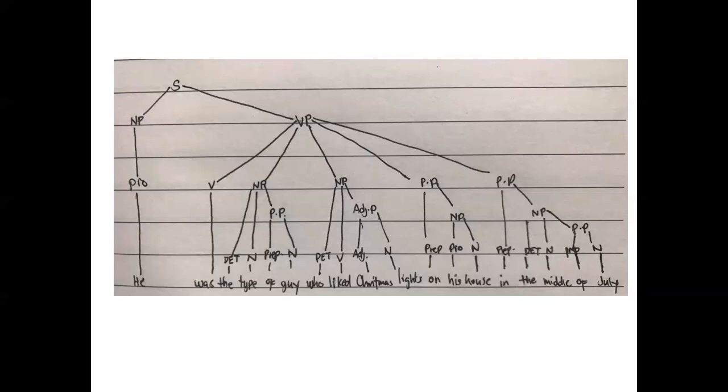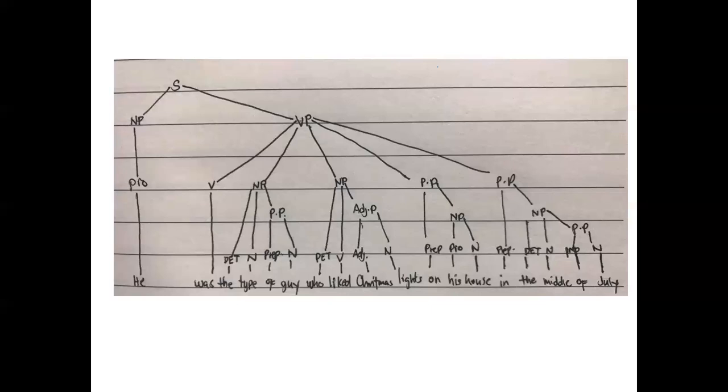Next, in the middle of July, prepositional phrase. In is a prep, the is a determiner, but middle of July is still a phrase in there. So in the middle of July, it is a noun phrase because the is a determiner and middle is a noun.